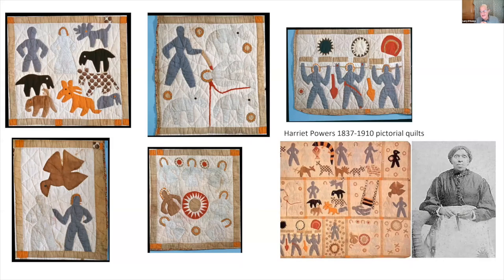Okay, yeah, 1837. And there's a picture of her. And you can see some close-ups of some of these patches. Beautiful forms, really, whimsical. What are those animals? Okay.